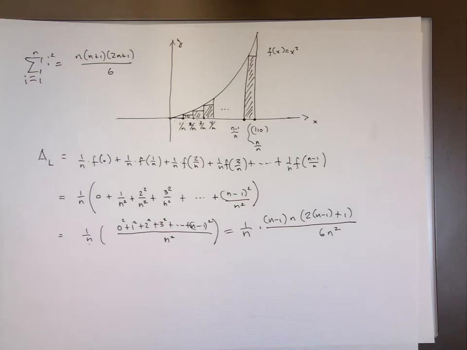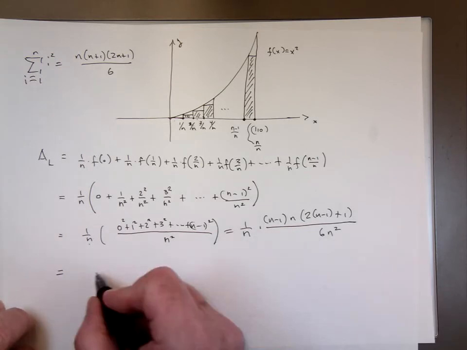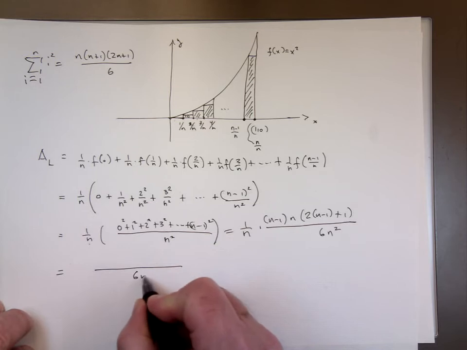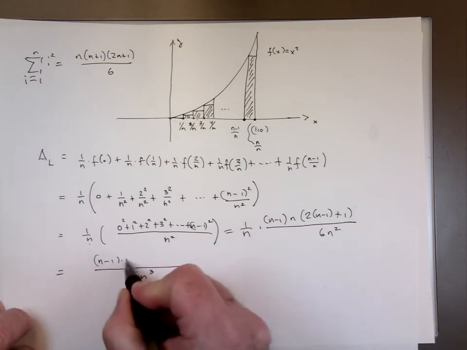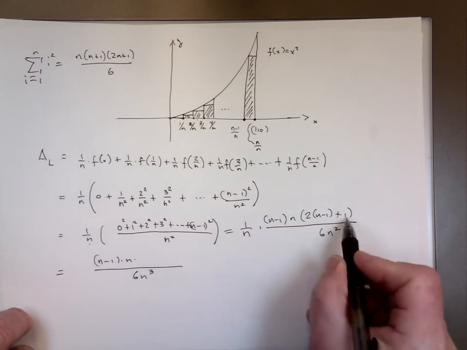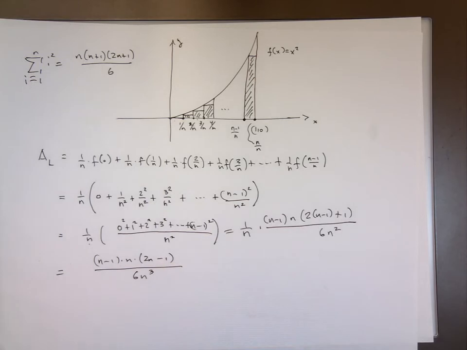That's equal to, the n times n squared is n cubed, so down below I've got a 6n cubed. Up above I have an n minus 1, I have an n, I have a 2n minus 2 plus 1, which is a 2n minus 1. Okay? And I'll tell you what, I'm going to multiply this out as well.